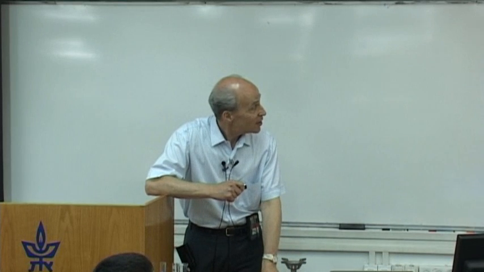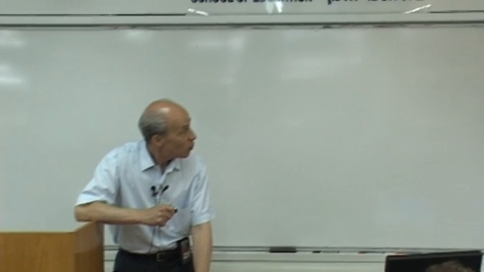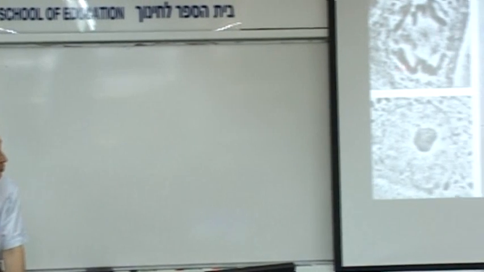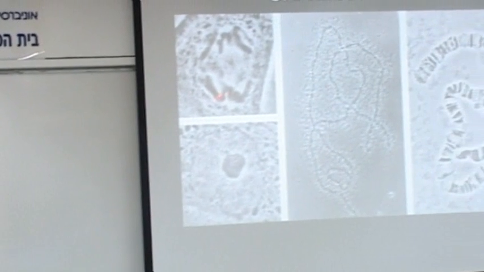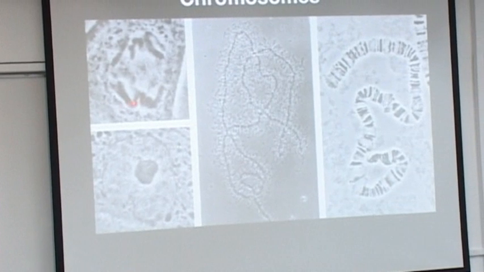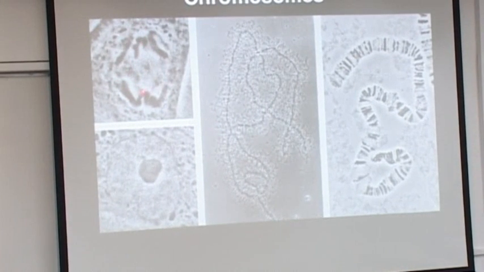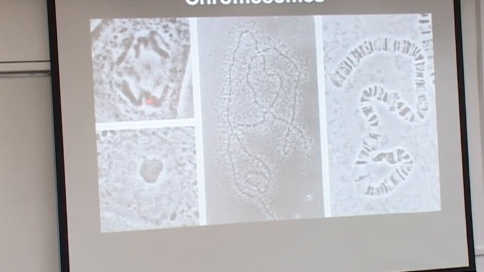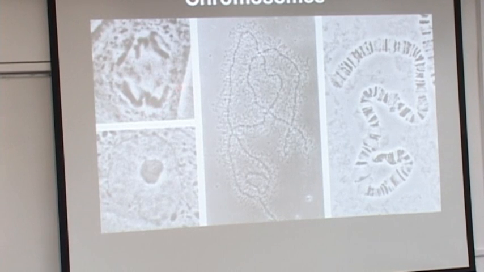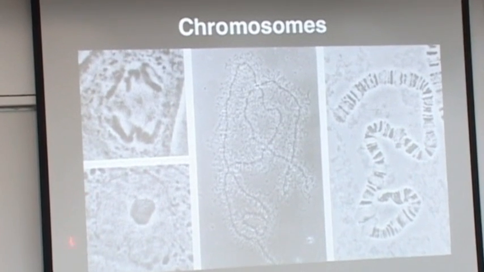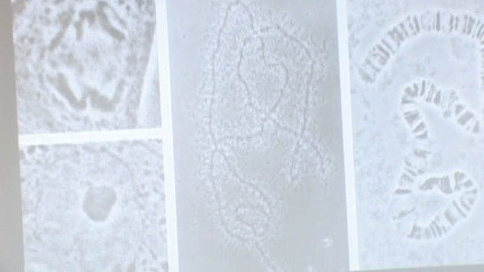So here you see the condensed form of the DNA in cells undergoing division. So this is at mitosis, when there are 2 identical sets of chromosomes that have been made by copying, by the process of DNA replication, and they are moving towards opposite poles of what will become the nuclei of the daughter cells of the division. This is a nucleus of a cell after division.